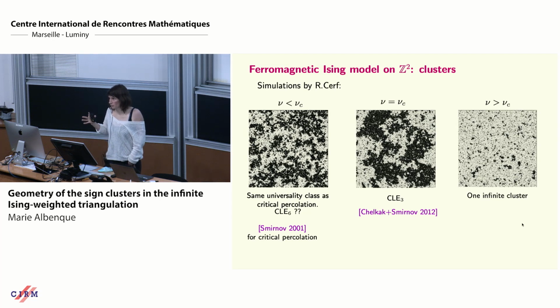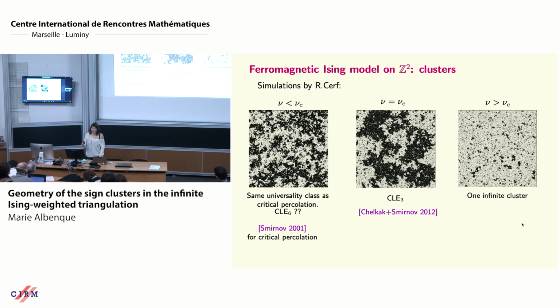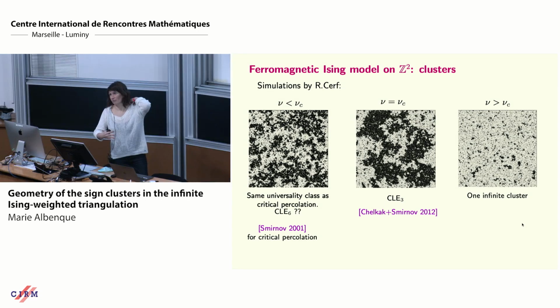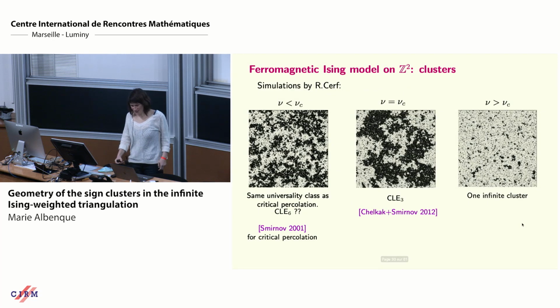And for critical percolation, it was proved by Smirnov that the interfaces scale as a CLE6, and in particular, it is also known, a much weaker result, that there is almost surely no infinite cluster. I'll come back to some analogs of this result for the Ising model on random maps at the end of my talk. So what we obtain is much weaker than this kind of statement.